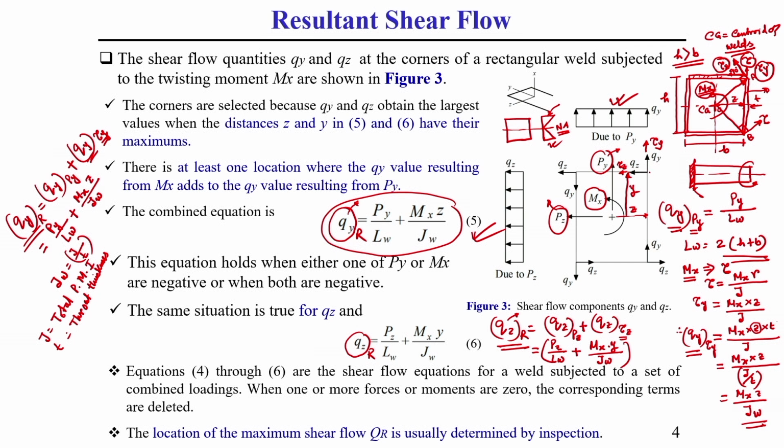Like here, this corner point A is adding with the direct force Px, whatever Qy you are getting. That is why I have chosen this corner point A, or you can choose this corner point B also, if the A distance and B distance are the same. Here both the Qy are acting in the upward direction, so they are adding together, what I am telling, understand.